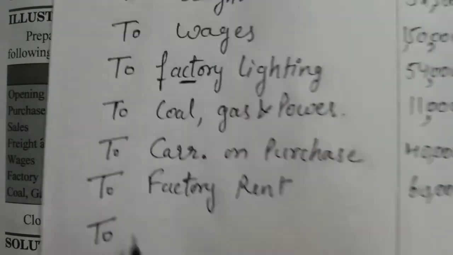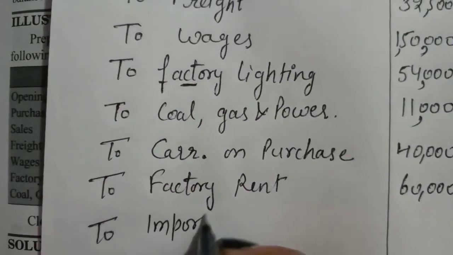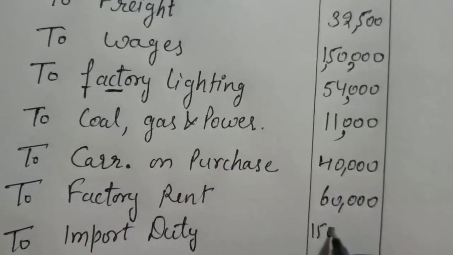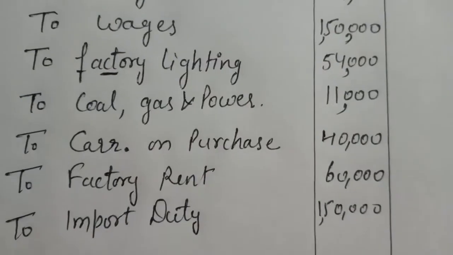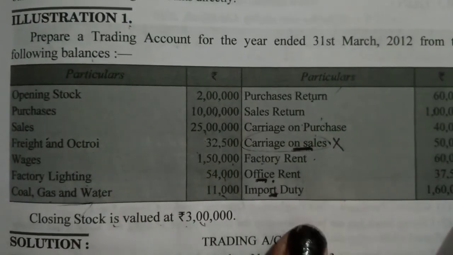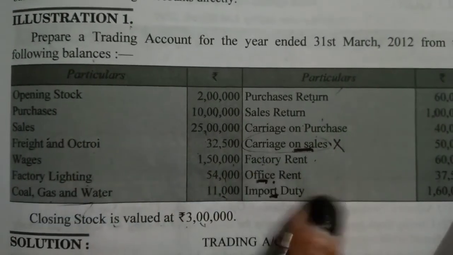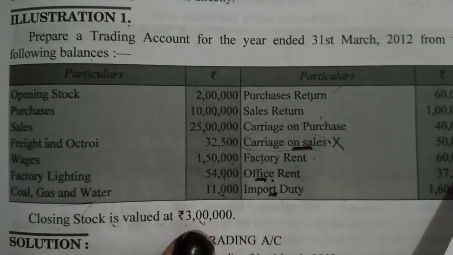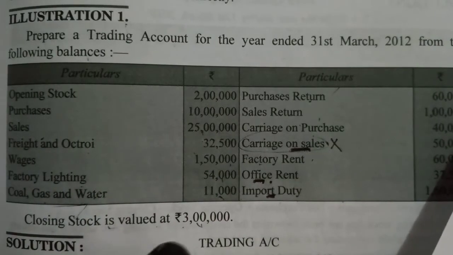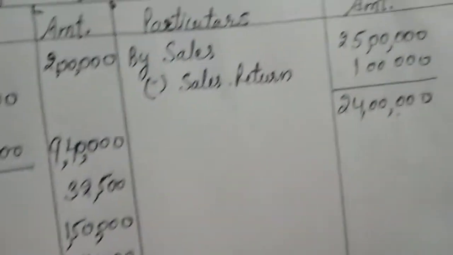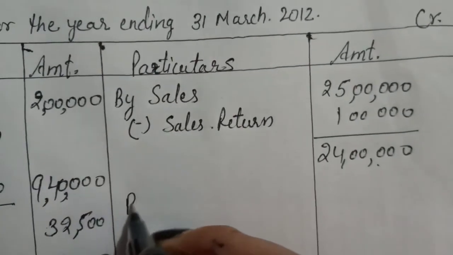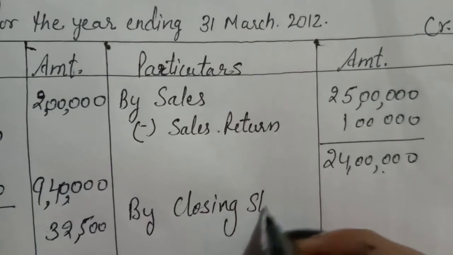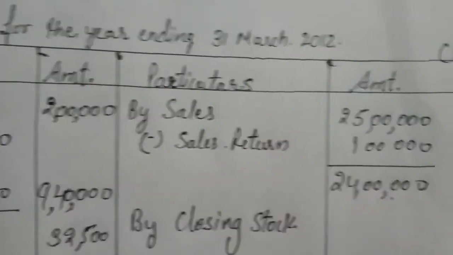So you will write here "To import duty", 1,50,000. Now all items are recorded, but in the last closing stock is given, that is 3 lakh. So you will write closing stock on the credit side. So "By closing stock", this is for 3 lakh.